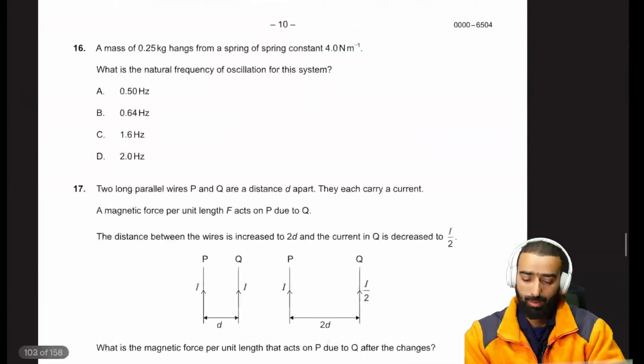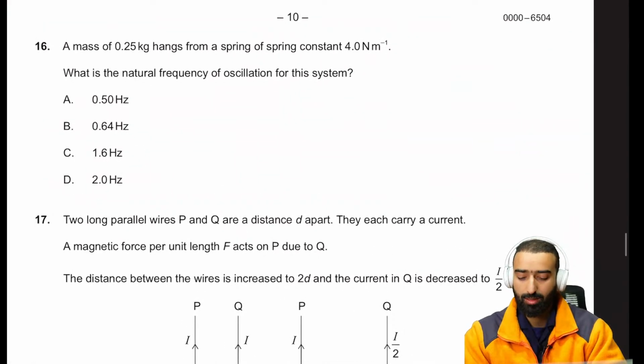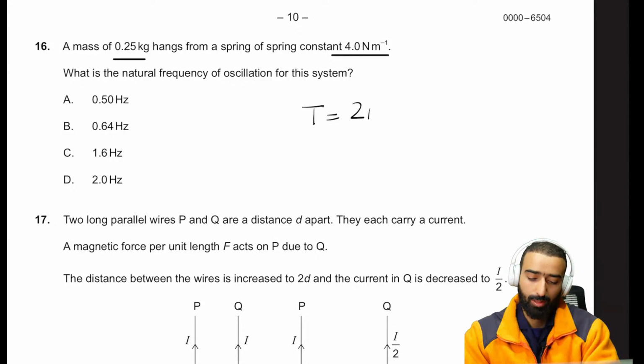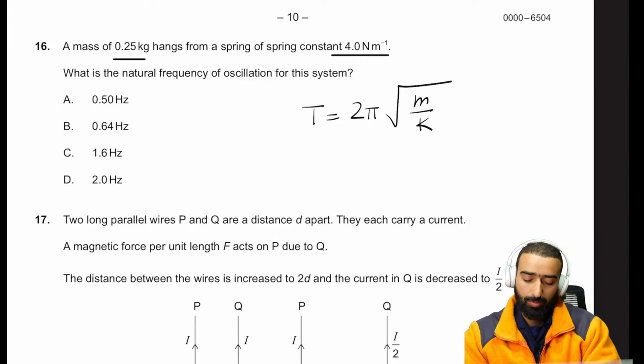Let's move on to the 16th question of the paper. A mass of 0.25 kilograms hangs from a spring. What's the natural frequency? You know the equation for time period is 2 pi square root of m over k. And what would be the frequency?